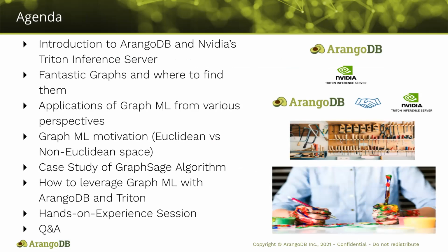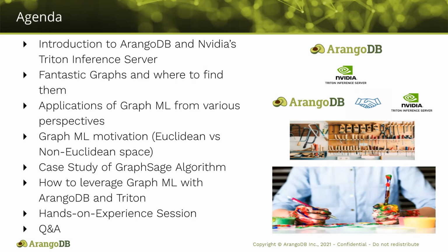The agenda of the workshop, in brief, will be as follows. We'll start with an introduction study of Arango database and Triton inference server. After that, we will cover a section in which we will discuss the importance of graph data structures and where to find them in real-world applications. This will be followed by applications of graph machine learning from various perspectives.